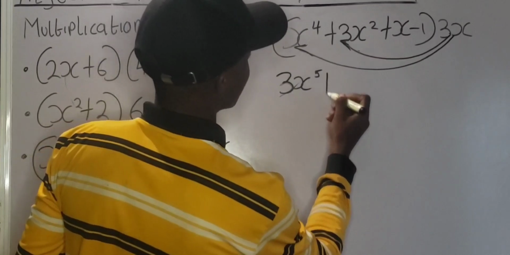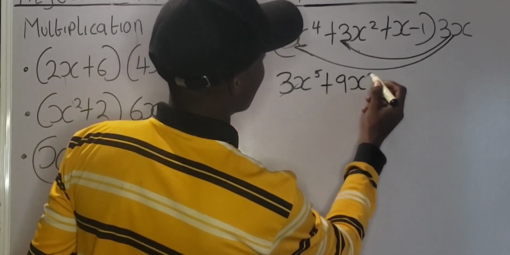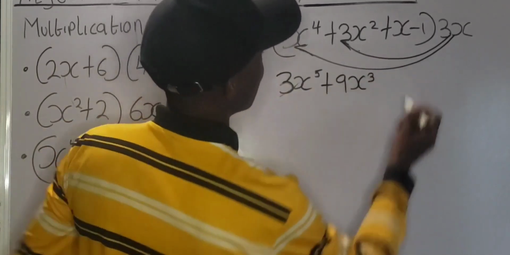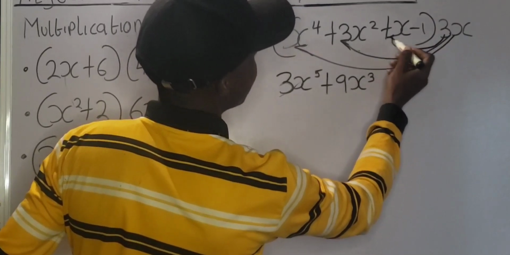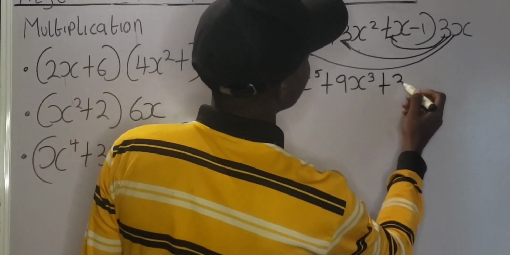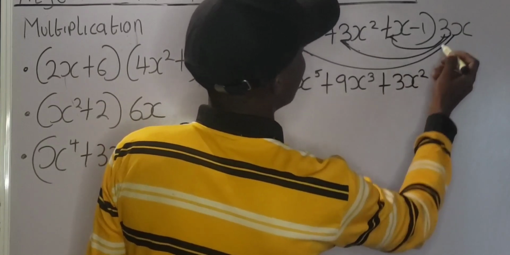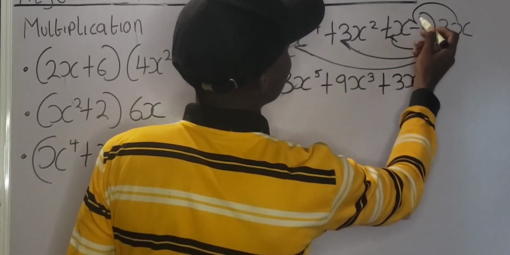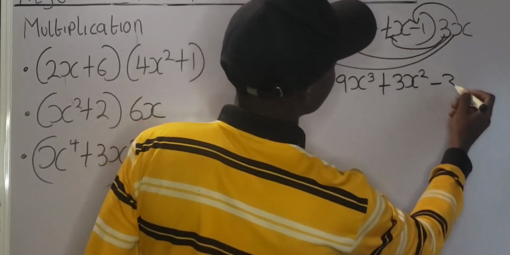Plus 9x raised to the power of 3. Now multiply this 3x by x, that is what? Positive 3x squared. Then multiply this 3x by 1, that is negative 3x.